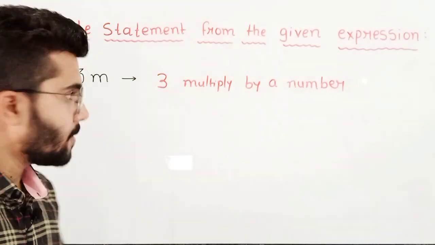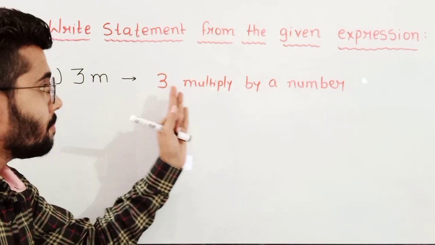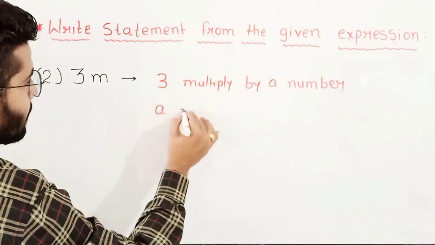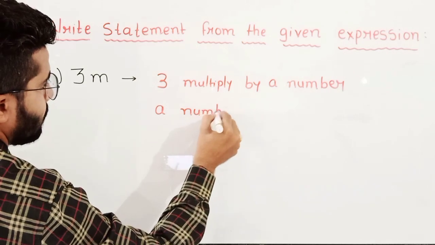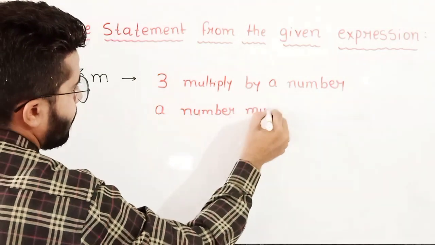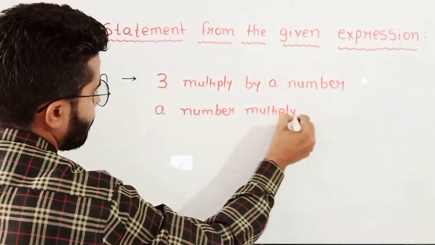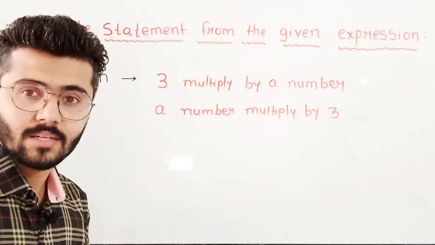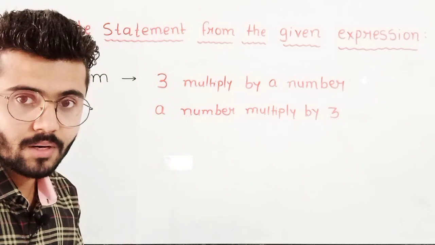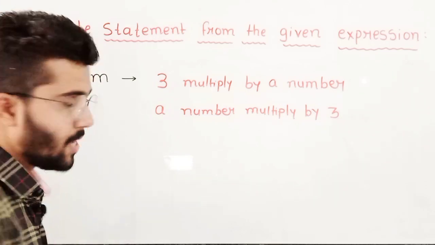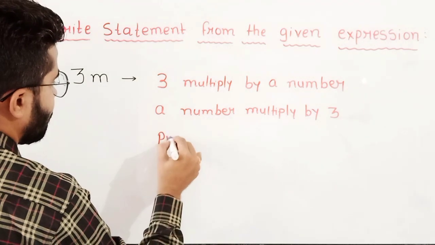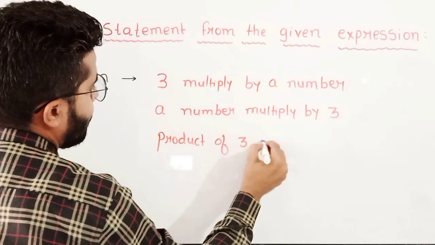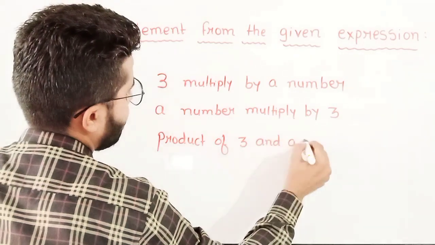Can we also say a number multiplied by 3? Yes, a number multiplied by 3. Can we also say that the product of a number and 3? Yes, product of 3 and a number.